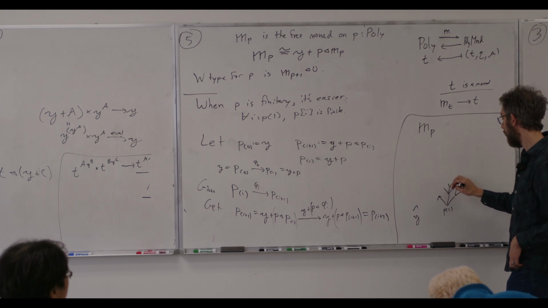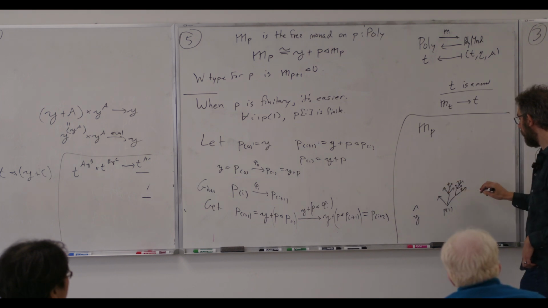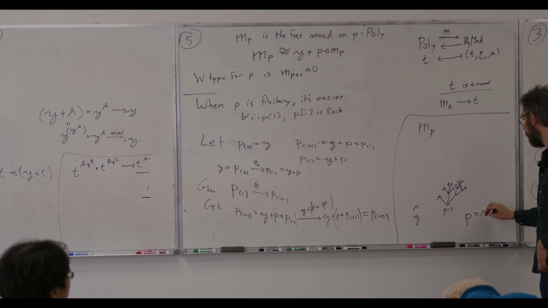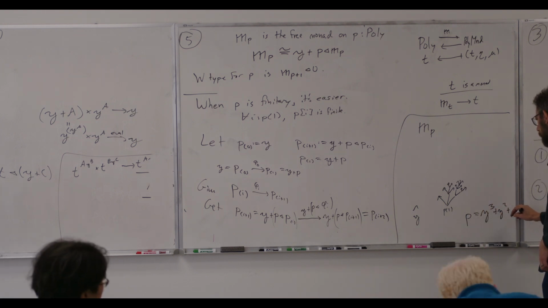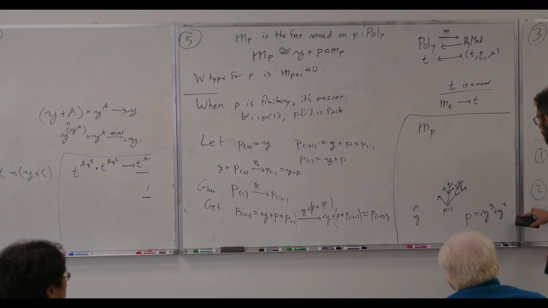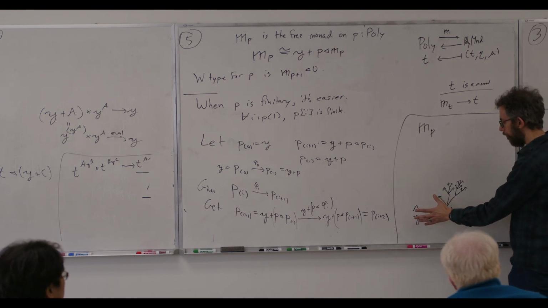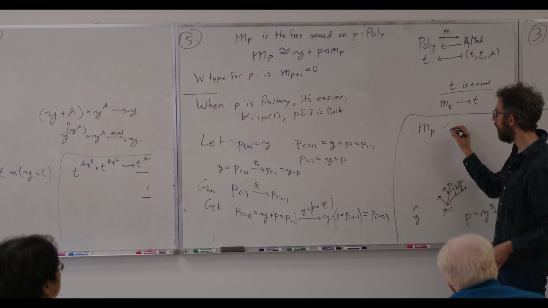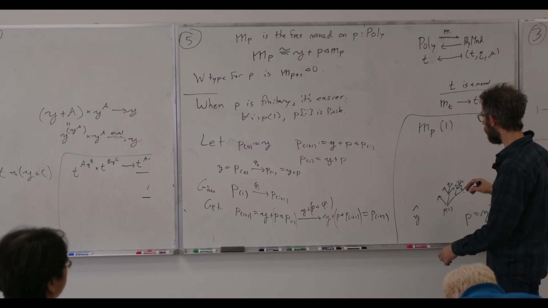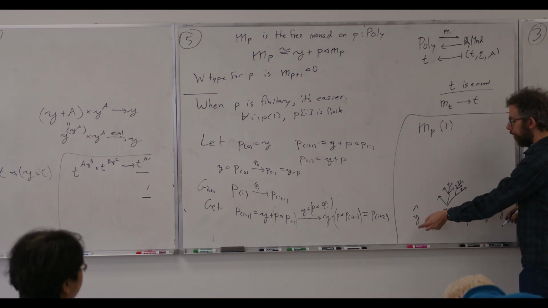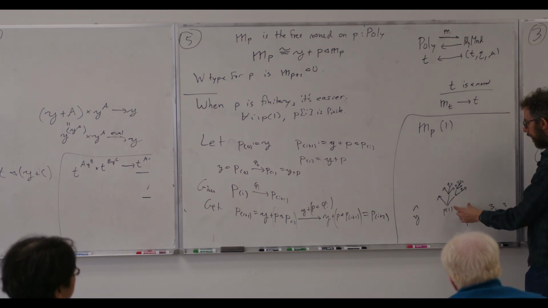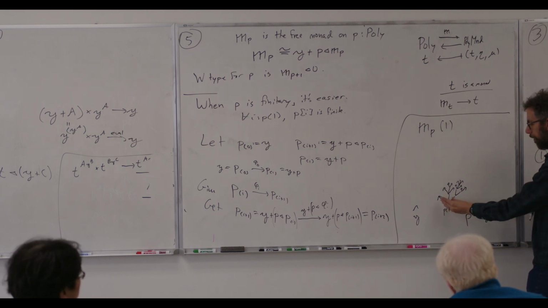So if P was like y cubed plus y squared, and that's it, then what I'm saying is to draw an object in here, a position in here, you either put a y or you put a P, either a corolla with 3 things or a corolla with 2 things.